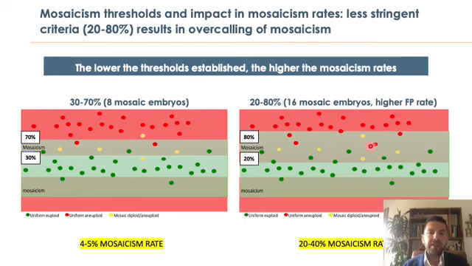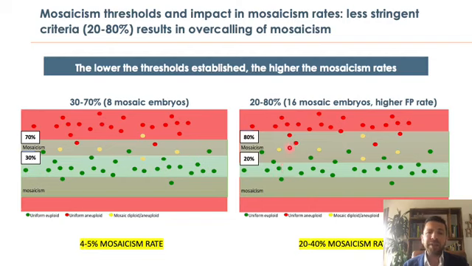With this second, less stringent approach, for sure our analytical sensitivity toward true mosaicism cases increases, but as a consequence, we may also expect a significant overcalling of mosaicism, and in particular a lower accuracy for distinguishing between uniformly euploid and aneuploid embryos, which is the primary objective, as we discussed at the beginning of my presentation, of a PGT-A approach, that is, deselecting uniformly aneuploid embryos from transfer.